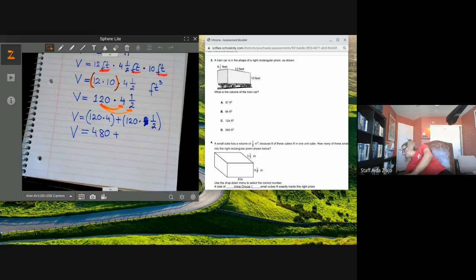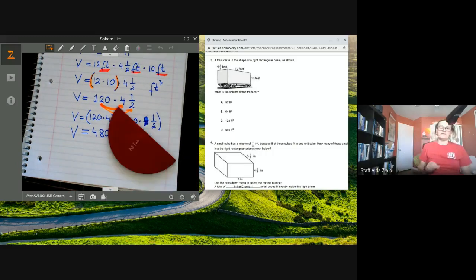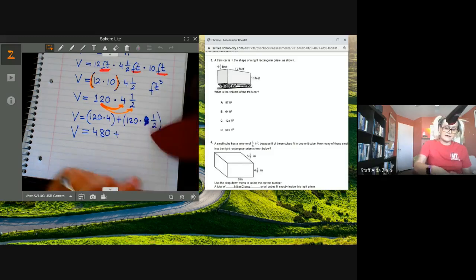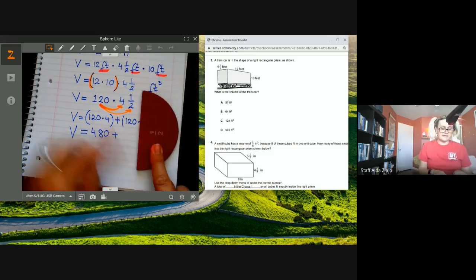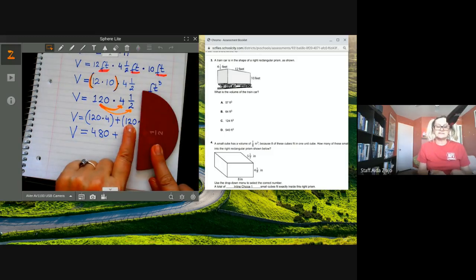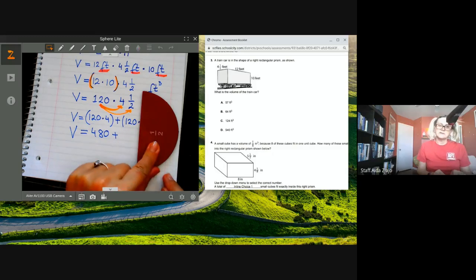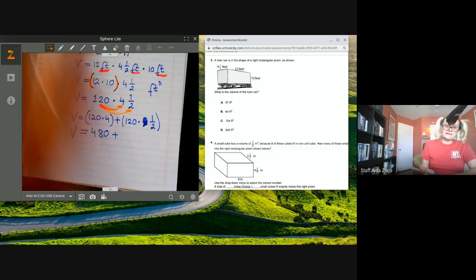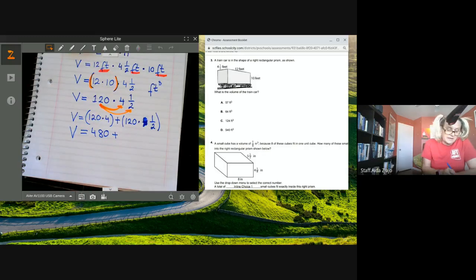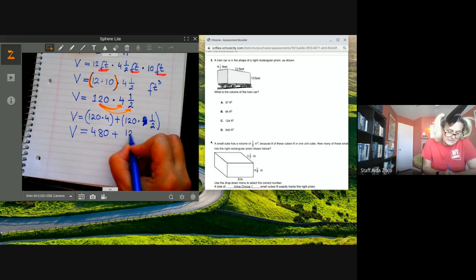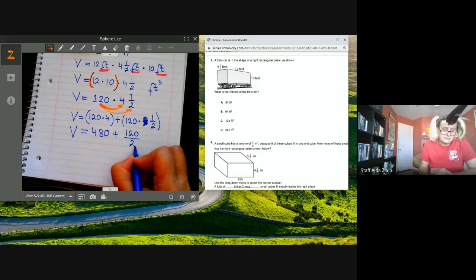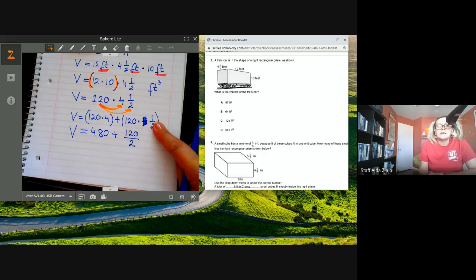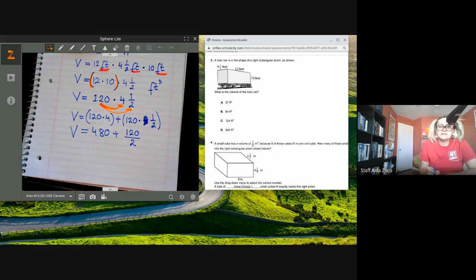Remember how Mrs. Z says this is a half, but how many halves you have is 120 halves. You can also see this problem as multiplication.